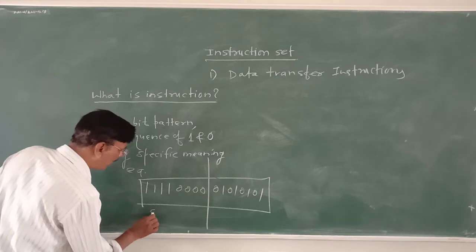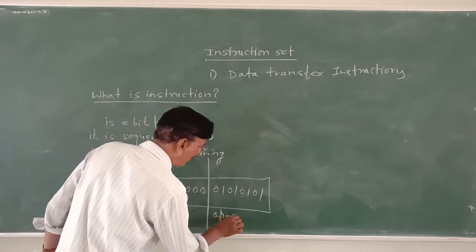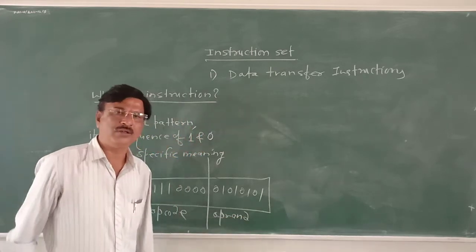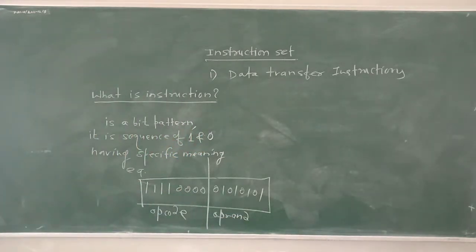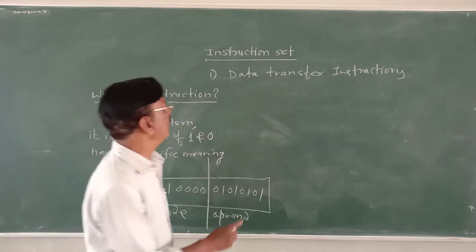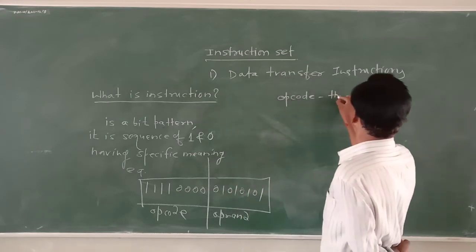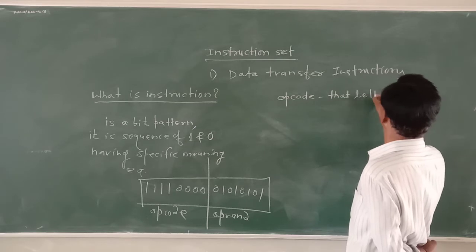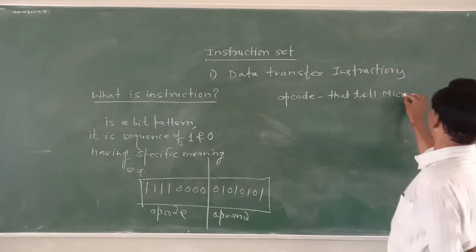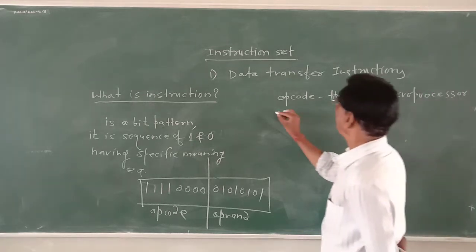Second thing, any instruction is made up of two parts. First part is opcode, and second part is operand. Actually, two operands are there, that's why operands, but one of the operands is along with the opcode. What is opcode? Opcode tells the microprocessor what operation is to be carried out.